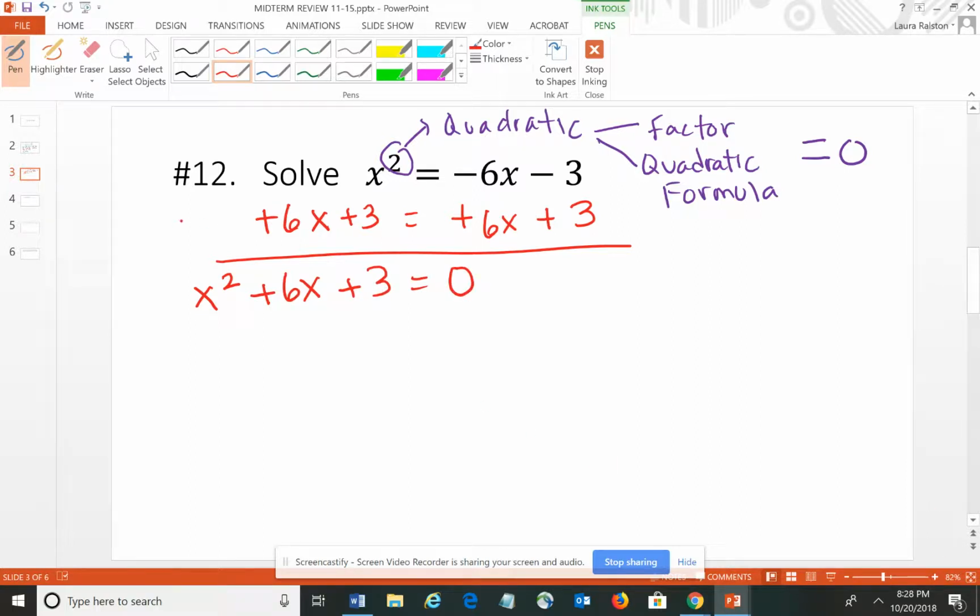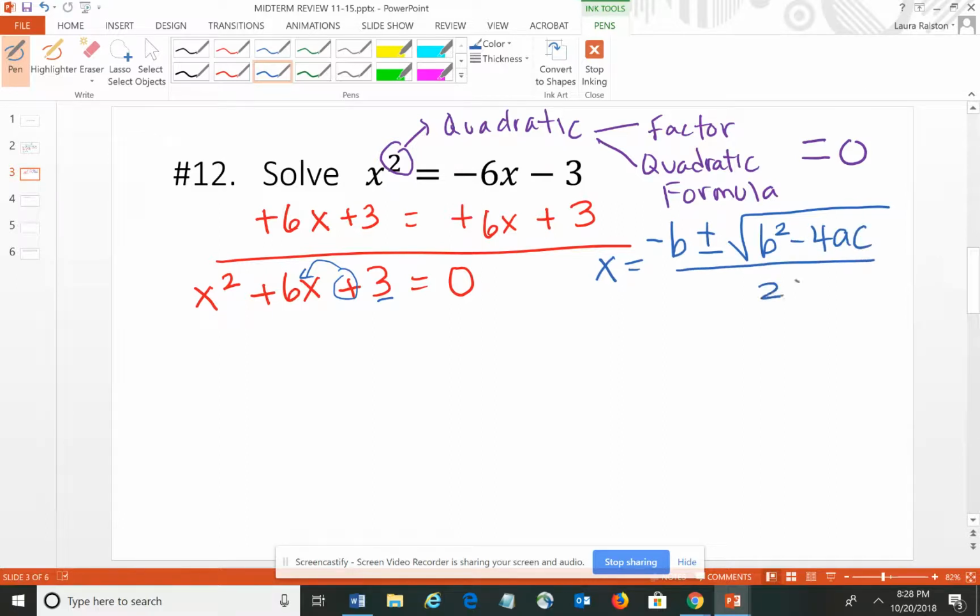If I think about factoring and I look at this problem, I don't know of a number that will multiply to 3 and then add to 6. So I'm pretty sure I'm going to have to use the quadratic formula, which, if you don't recall, is on the formulas listed at the beginning of the midterm: opposite of b plus or minus the square root of b squared minus 4ac all over 2a.